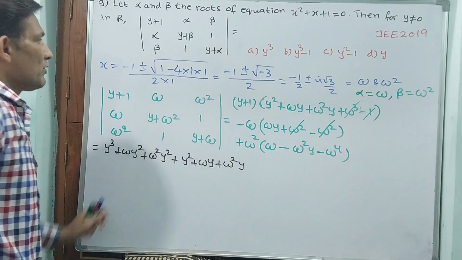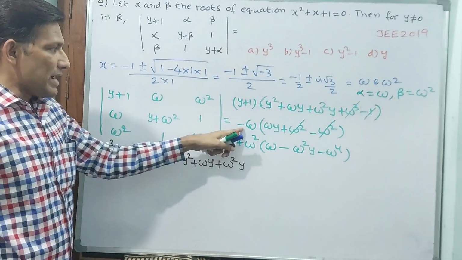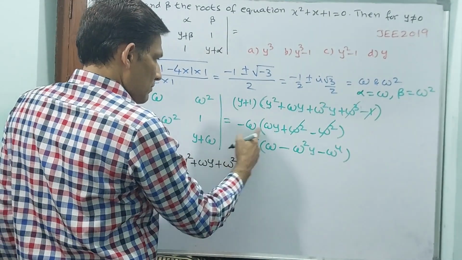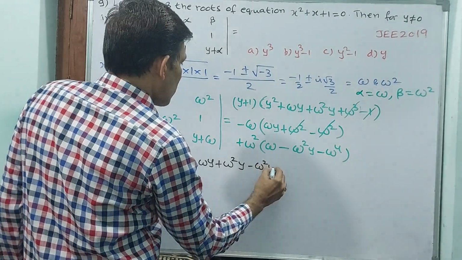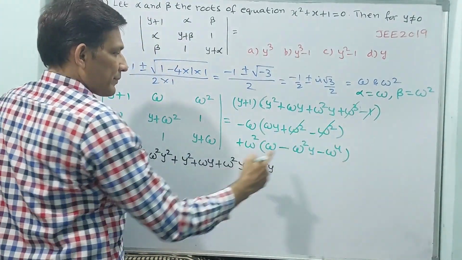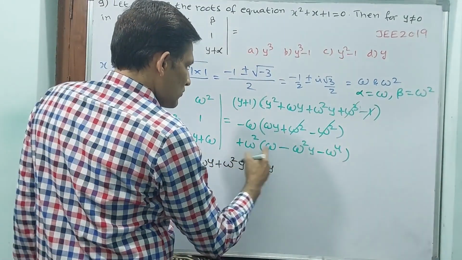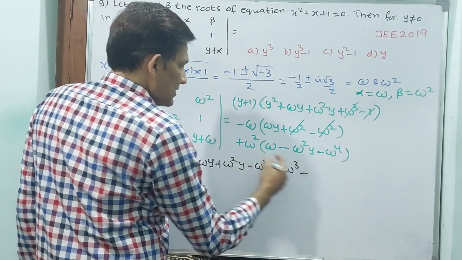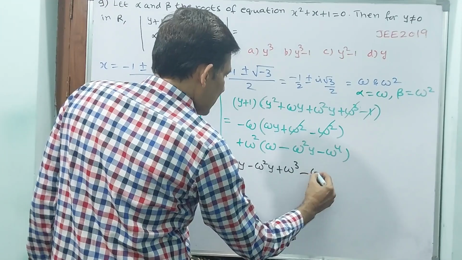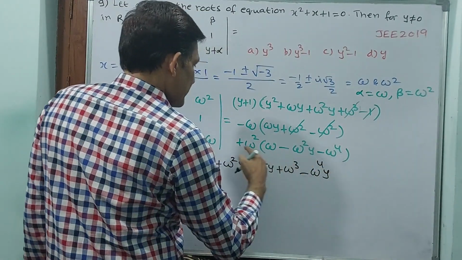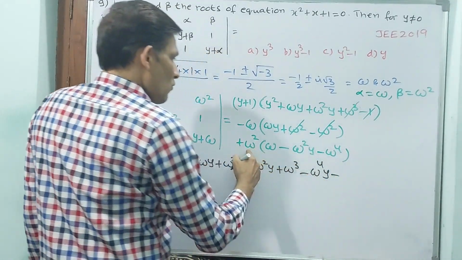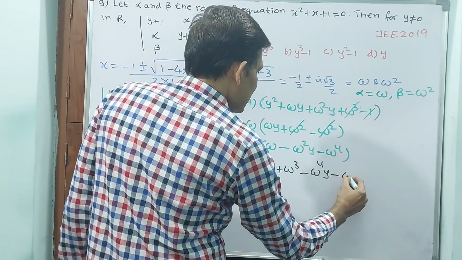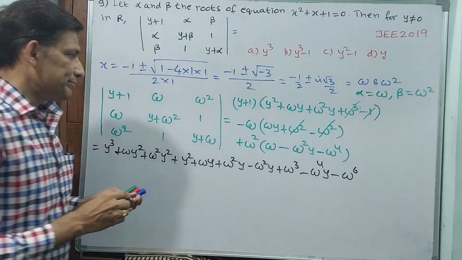With y and with 1 we have done. Minus omega square y. Over. Plus omega square plus omega cube minus omega to the power of 4y, again minus omega to the power of 6.